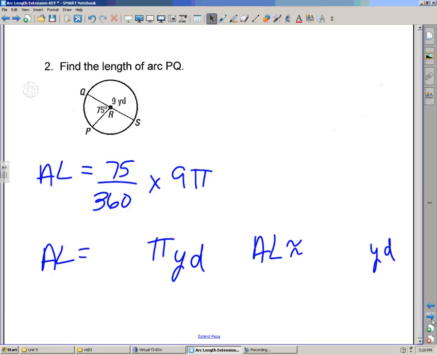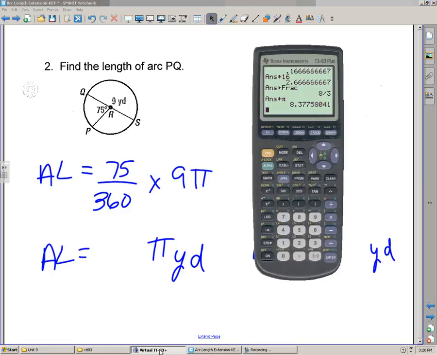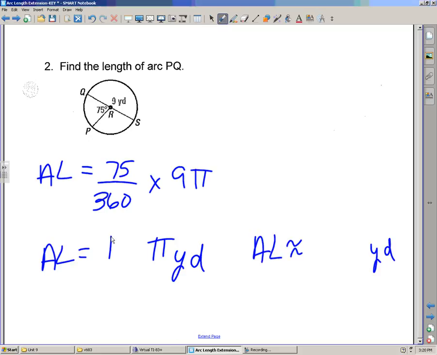So let's find the one in terms of pi first. If we do 75 divided by 360, multiply that by 9, and turn that into a fraction, we get 15/8 pi. So the exact answer is 15/8 pi.